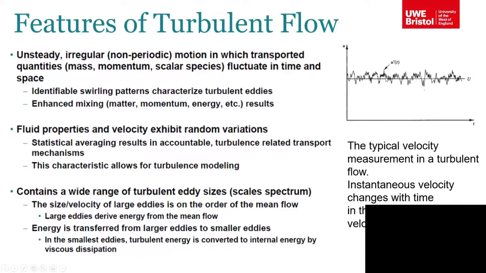If you look at the velocities, that's your mean velocity and that's your fluctuation. So your velocity at a point can be given as u plus u prime t, where u prime t is the random component and u is the mean component, the mean velocity.